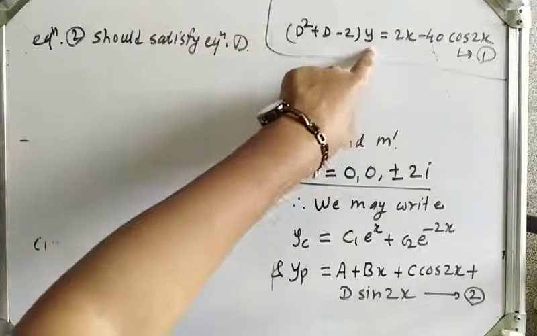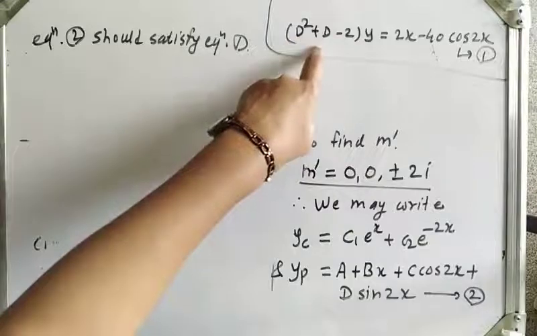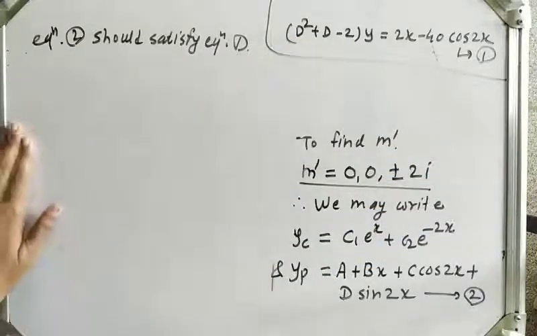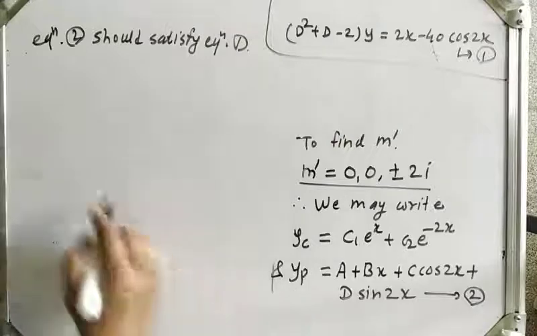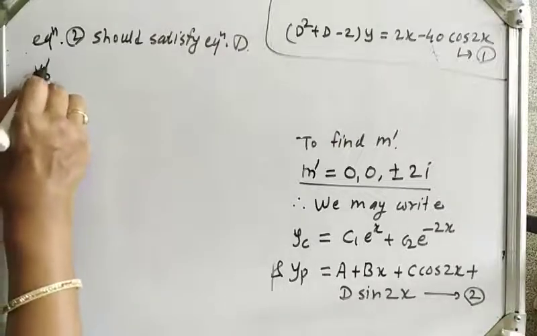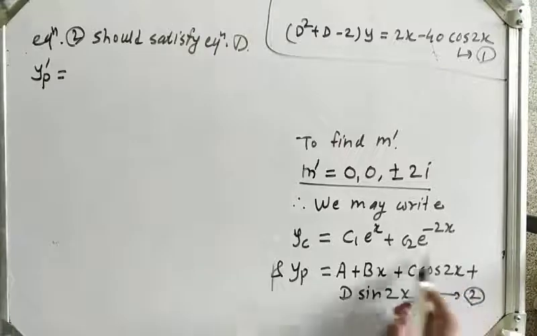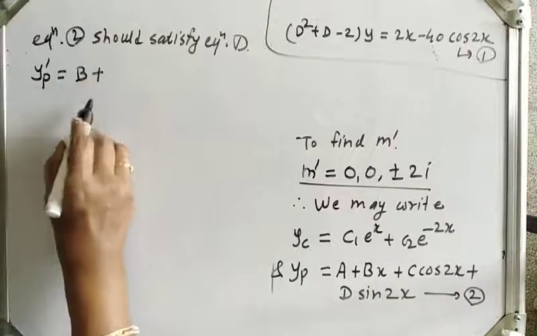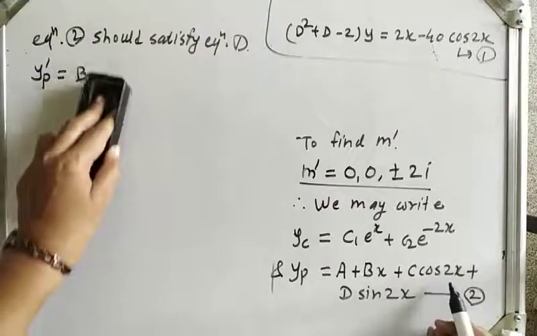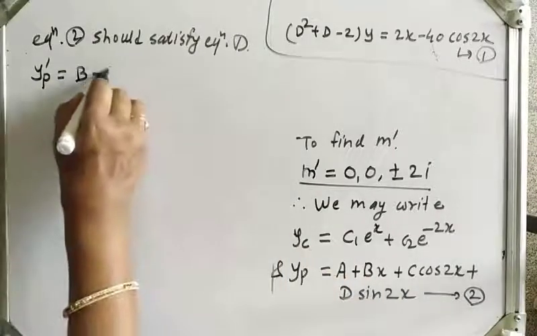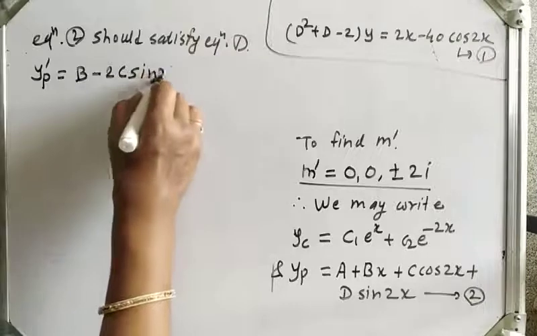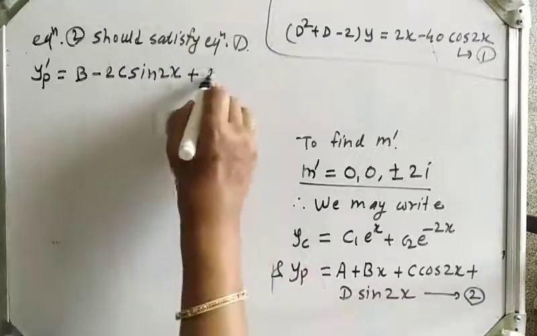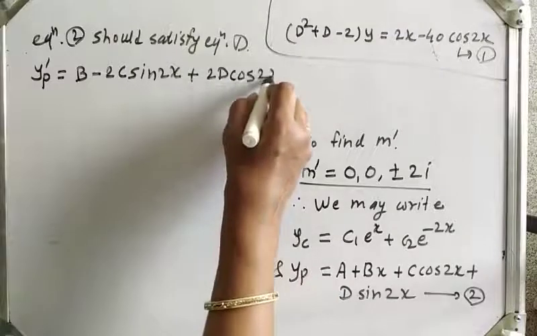So that is D square yp plus D yp minus 2yp, so we need D square yp. From yp, yp dash means its derivative, so that will be b, then its derivative, minus 2c sin 2x plus 2d cos 2x.